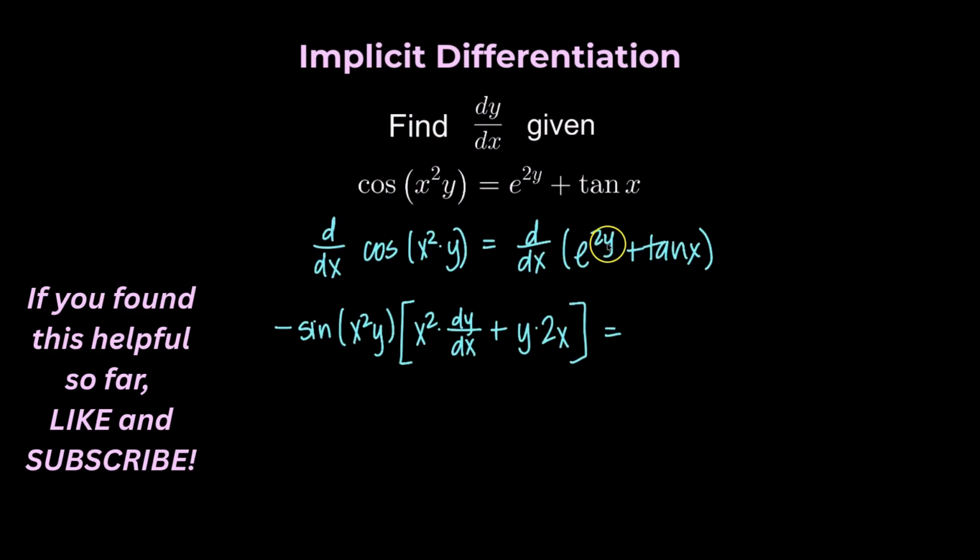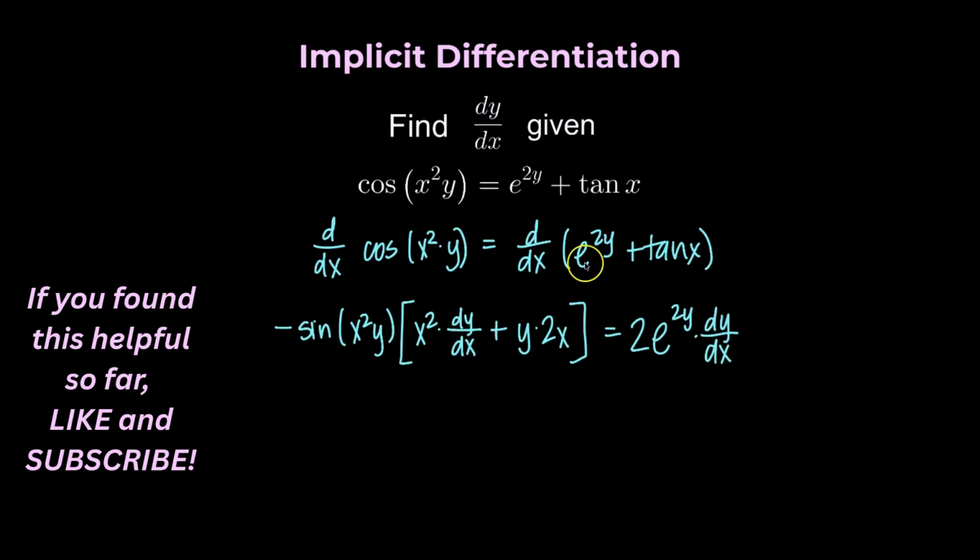So the derivative of e to the 2y. We're going to take the derivative sort of as usual. This would require the chain rule. A 2 is going to pop out from the derivative of the inside. So it's going to be e to the 2y times 2, the derivative of the inside. But because the variables don't match, we have to put a dy/dx.